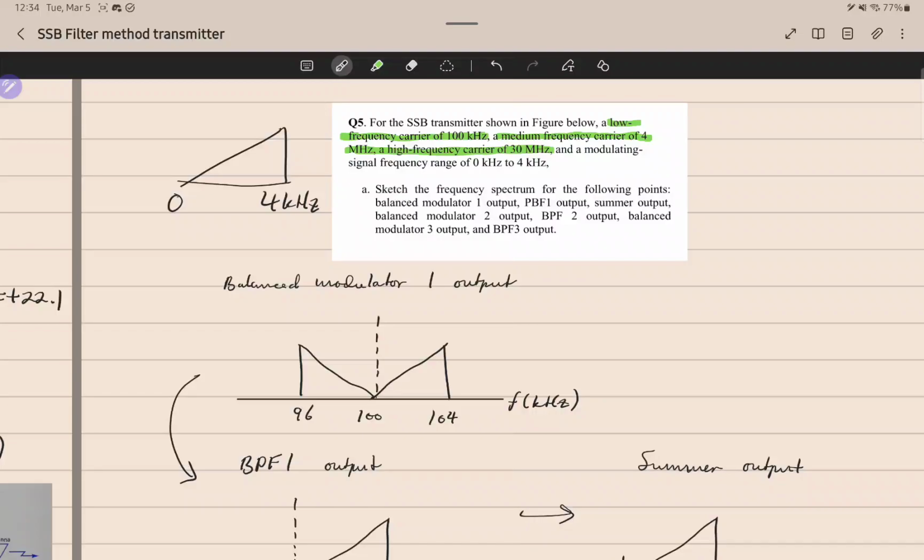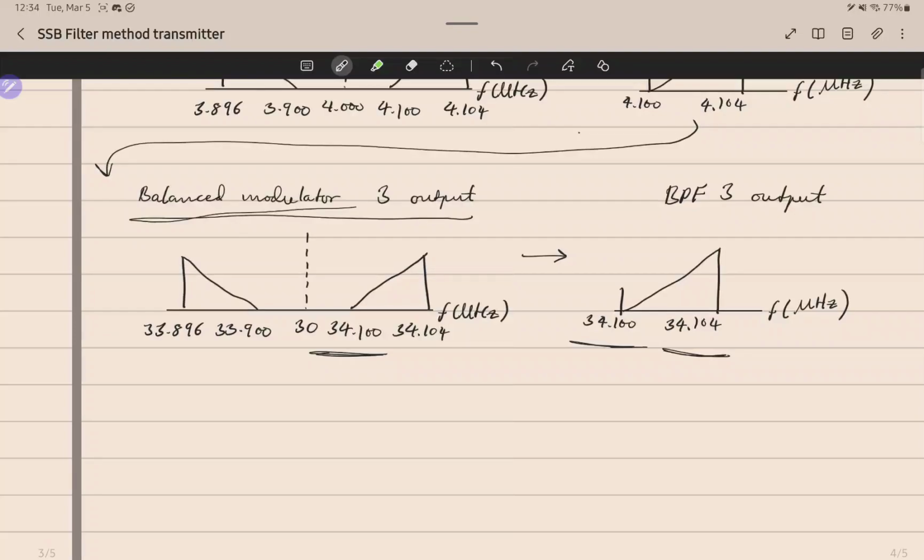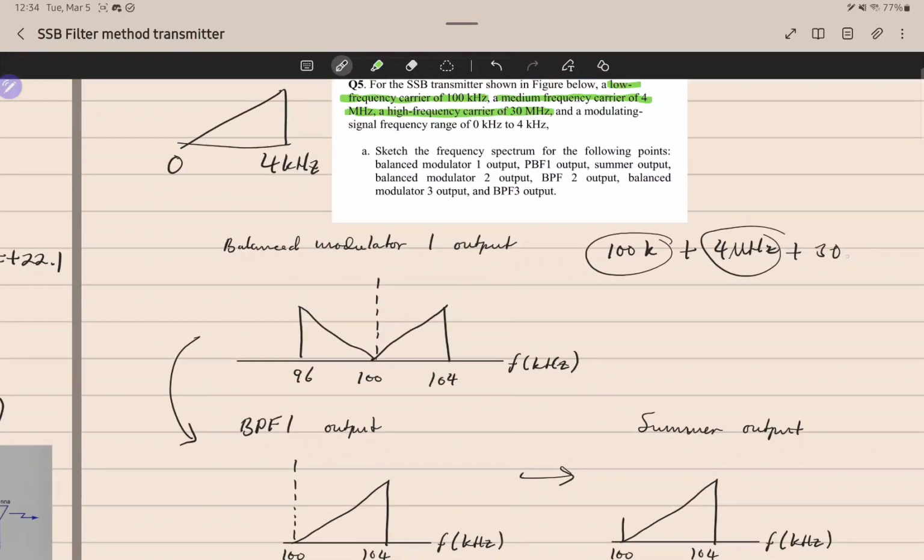Those frequencies are 100 kilohertz, that's the first frequency we're going to add, then 4 megahertz, and finally 30 megahertz. In the end, it's going to sum up from 34.1 to 34.104. We're going to go step by step.